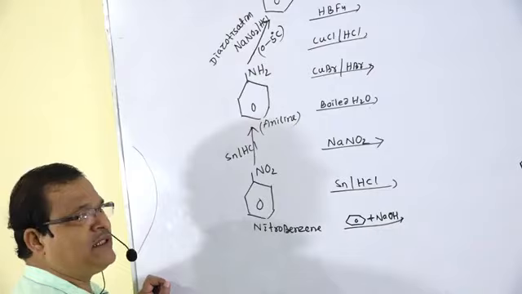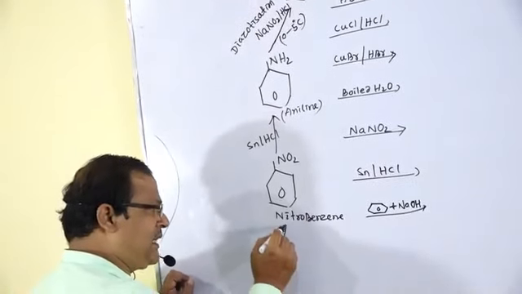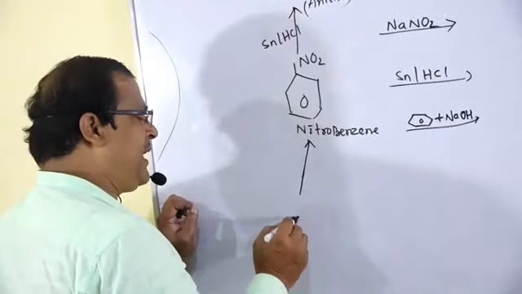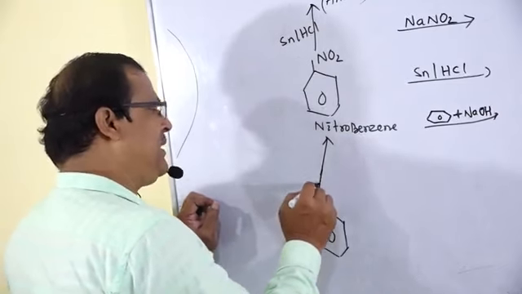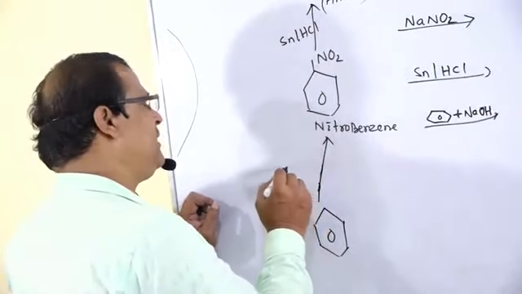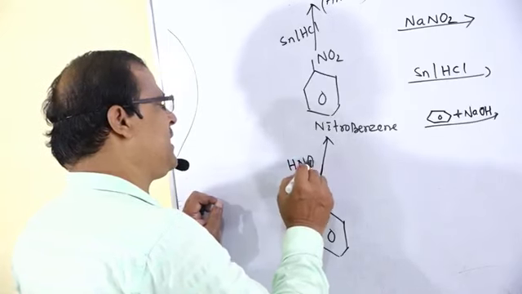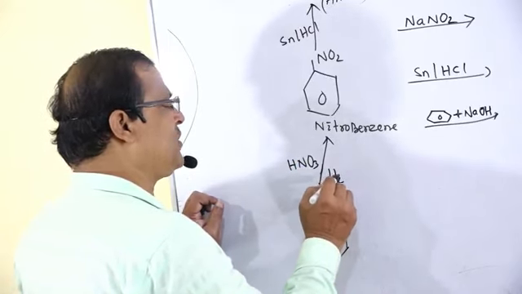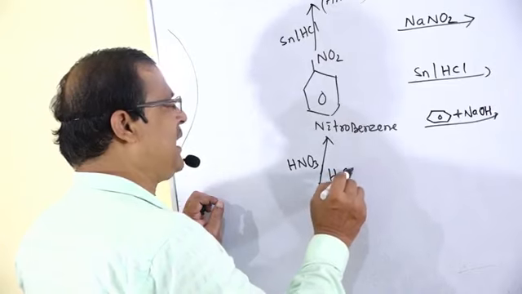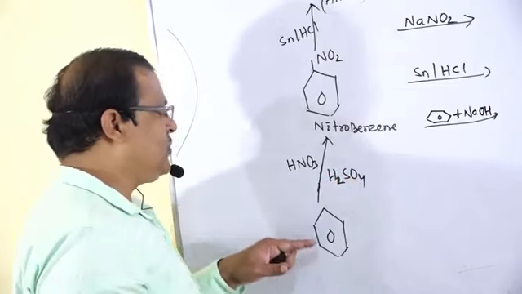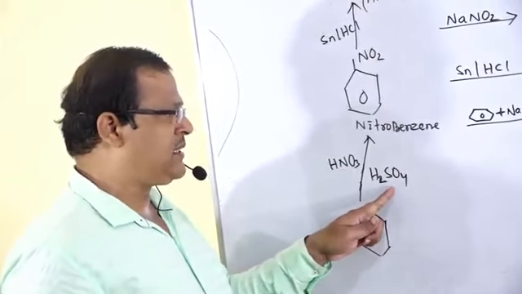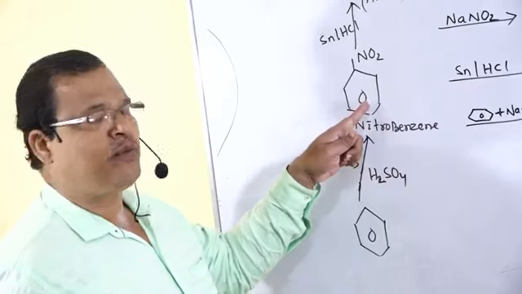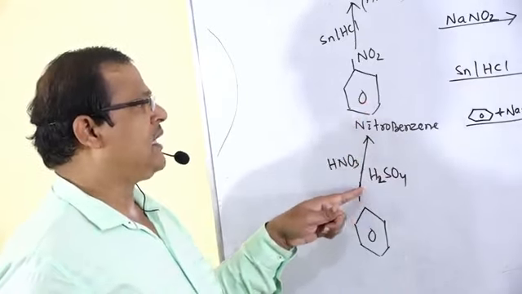So how is this nitrobenzene obtained? Nitrobenzene is obtained by the reaction of benzene with concentrated nitric acid and concentrated sulfuric acid. Whenever benzene is treated with concentrated nitric acid and concentrated sulfuric acid, there is the formation of nitrobenzene, and this process is known as nitration.